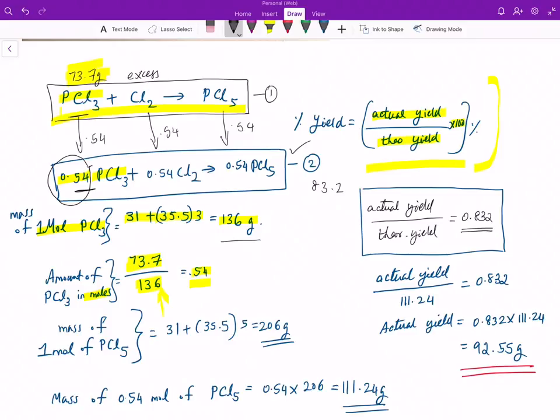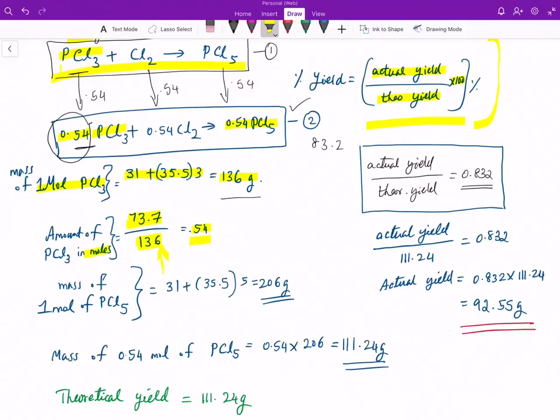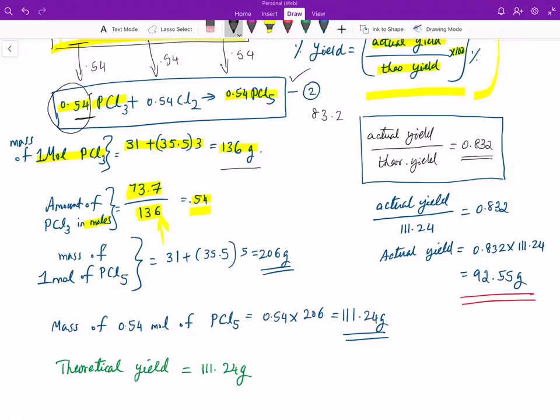Now it is easy to calculate the amount of PCl5 in terms of grams, because we know that the amount of PCl5 in terms of mole is 0.54, right? So in order to calculate that, first let's find out the molar mass of PCl5, the mass of 1 mole of PCl5. So the mass of P is 31, chlorine is 35.5, and we have 5 chlorines.